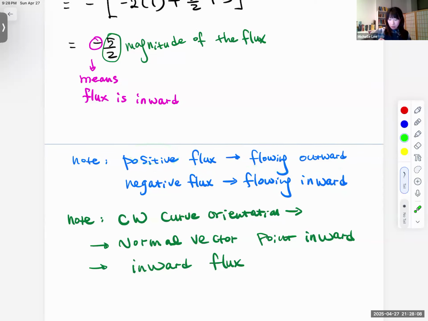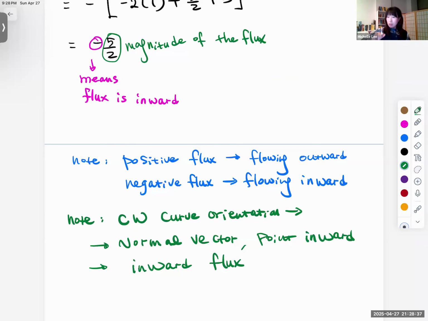Another note: the clockwise curve orientation makes the normal vector point inward, not outward, and since the normal vector points inward, the flux is inward too.